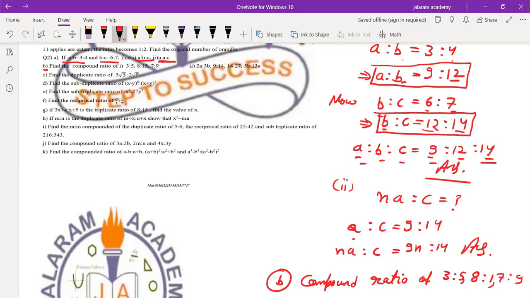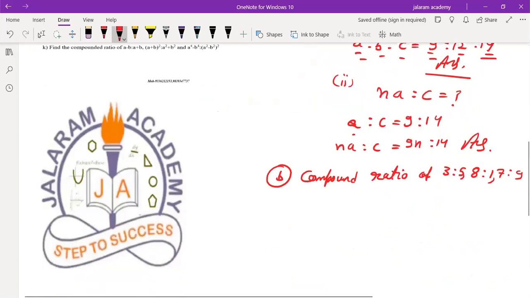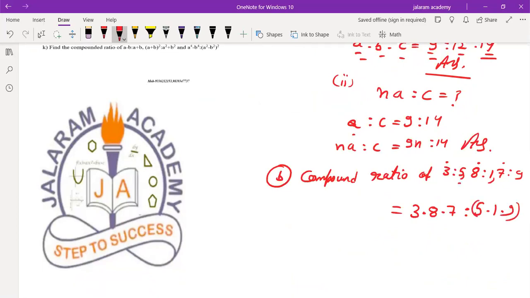So we observe that the antecedents are 3, 8 and 7. So it will be product of antecedents 3 into 8 into 7 is to product of consequents 5 into 15 into 9. You can use this product symbol also to find the product.